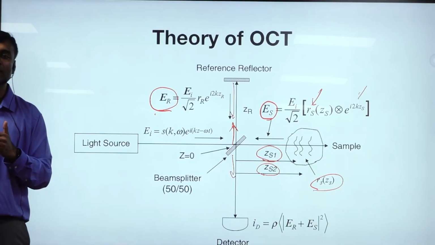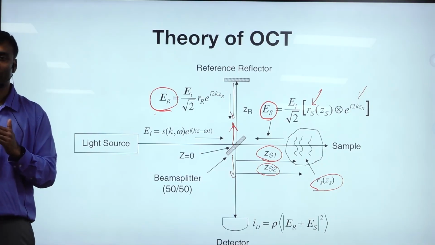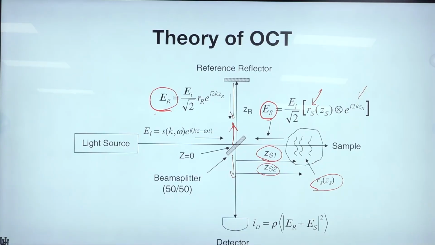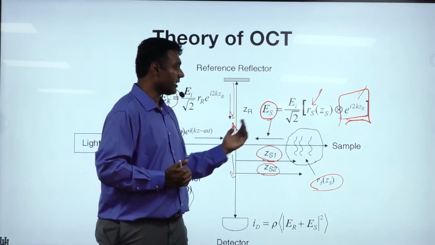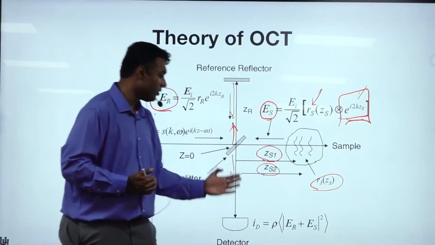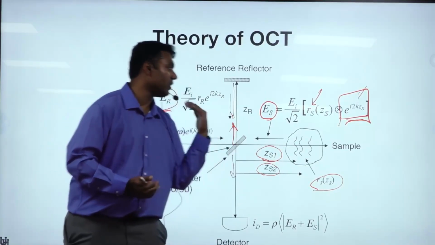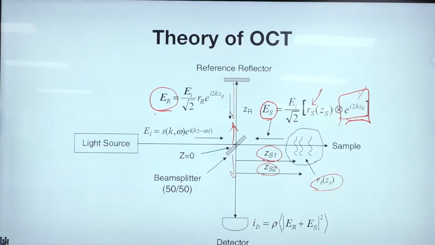So the distance is equivalent to phase change. So there is e to the i 2 pi 2k z_S. That amount of phase is accumulated. That term tells you how much distance the light has traveled. So basically this equation is a combination of how much light comes back from all the different layers.